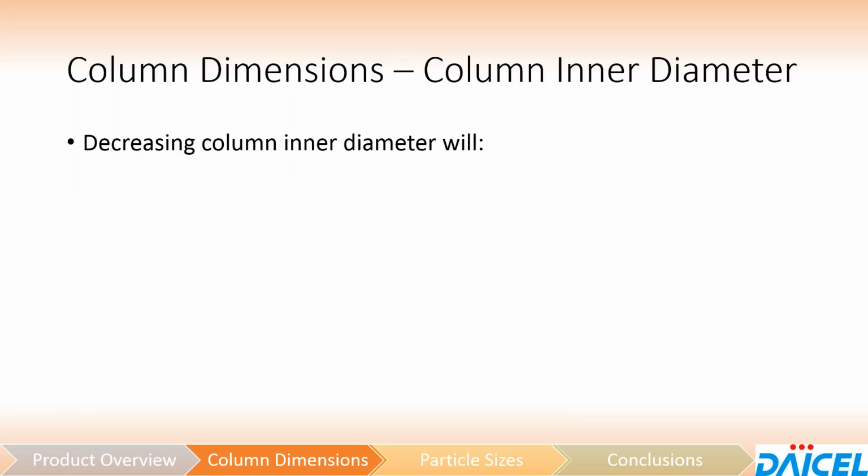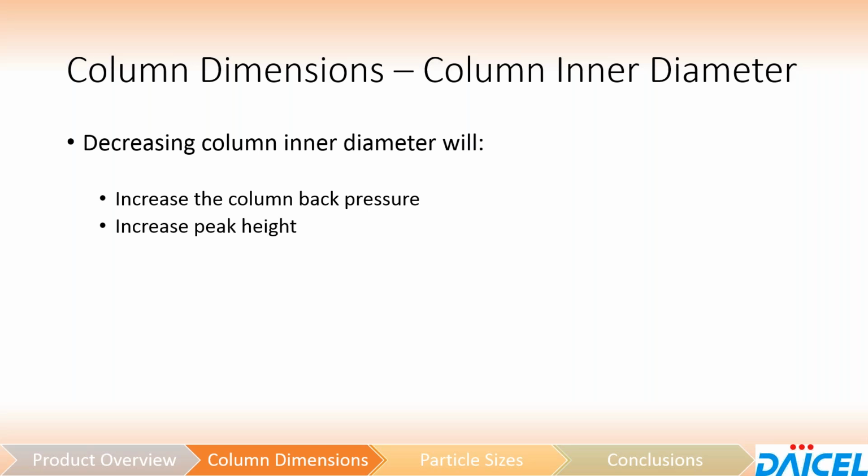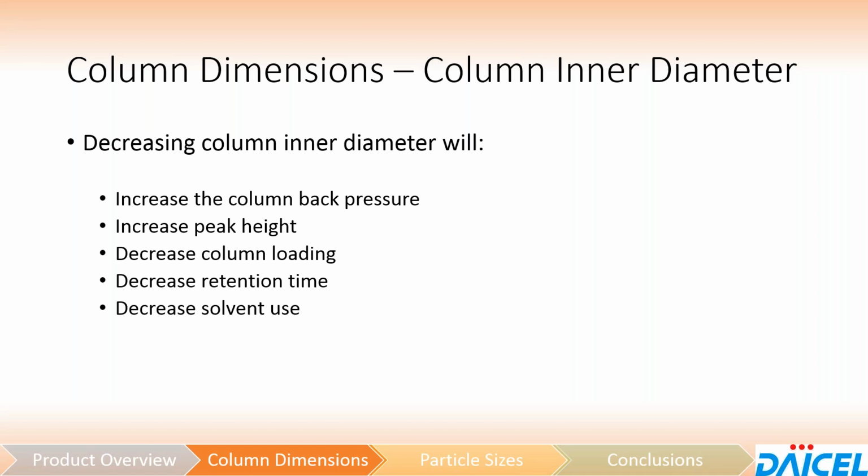Now, if we move on from column length to column inner diameter, there are a number of things we can expect to see, assuming that we keep the flow rate constant. If we go from a 4.6 to a 3 to a 2.1, with the flow rate remaining at 1 mL/min, for instance, decreasing the column ID will increase the column back pressure. It will increase the peak height, and decrease the column loading, the retention time, and solvent use.